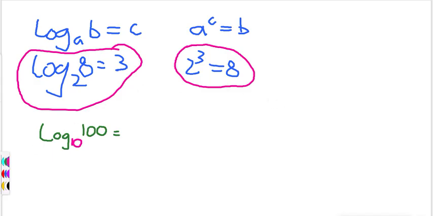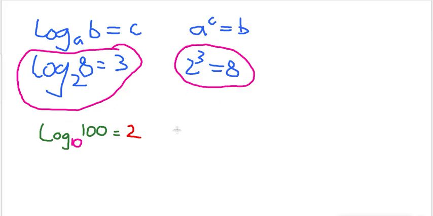And what does that make the answer? 4? 1? 10? 1 million? What is the log of 100? It is 2. Yes, that's right.